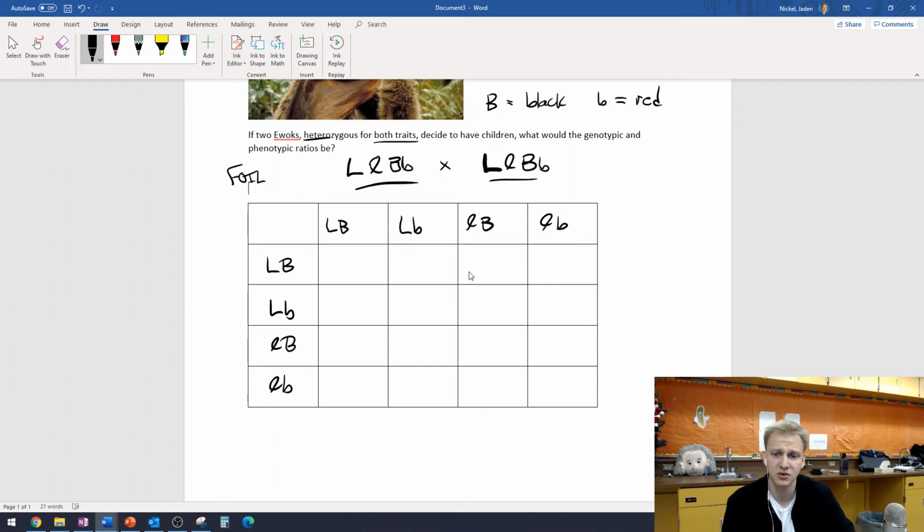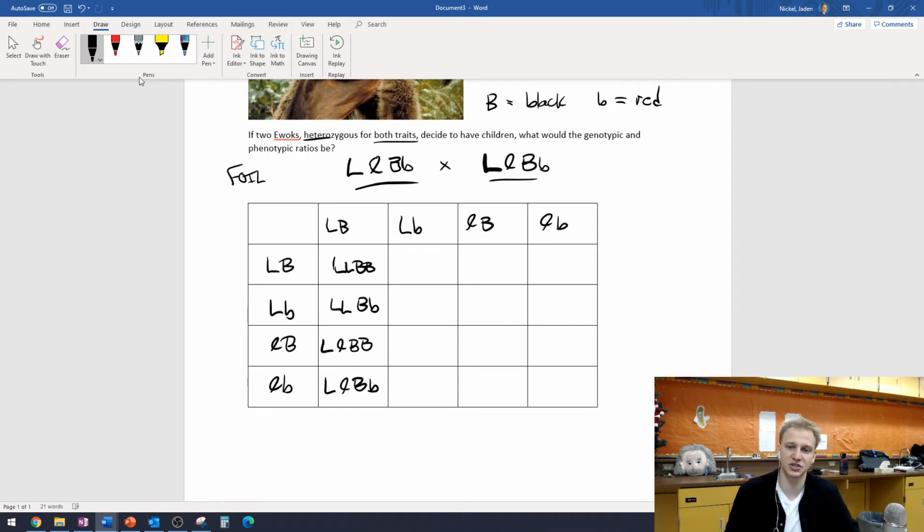Then we want to cross each one of these: LB, Lb, lB, lb. Sorry, let me fix this one. We want to put all of our L's, capital, capital, capital, capital for that one, then capital, capital, capital, lowercase, and so on.